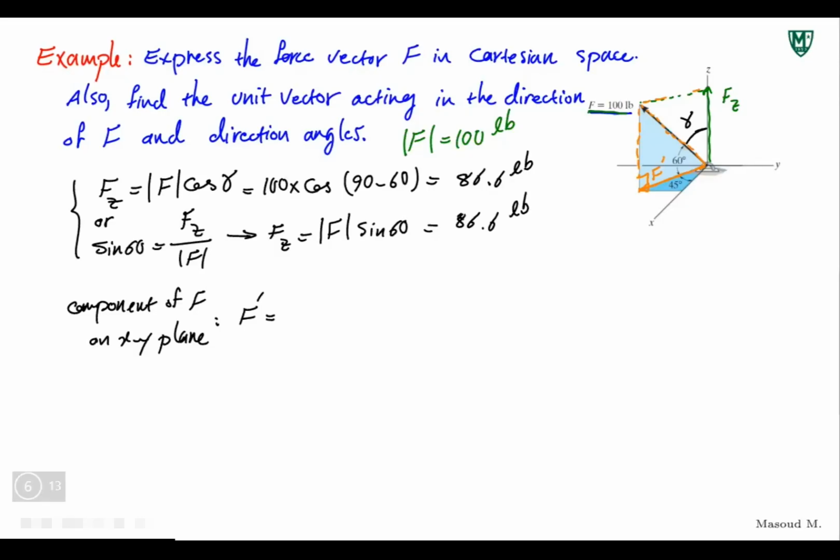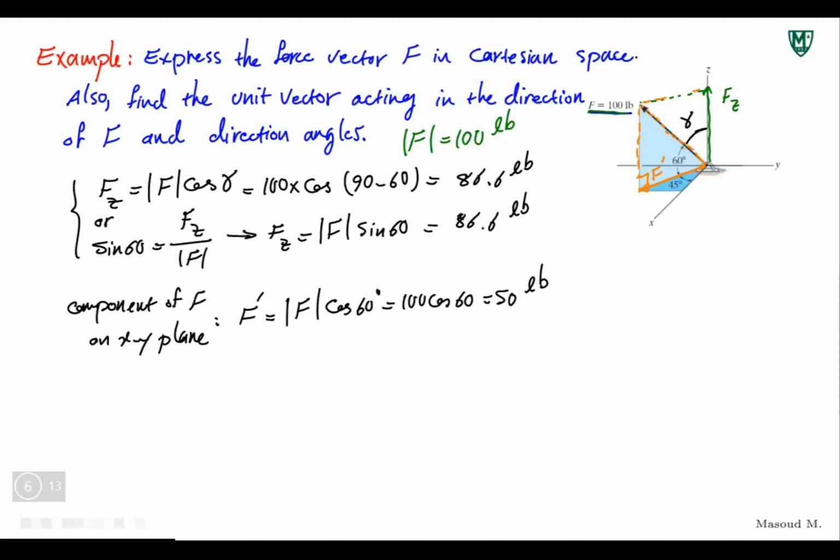Yeah, it would be the magnitude, 100 cosine 60 degrees, which will give you 50, as he said.